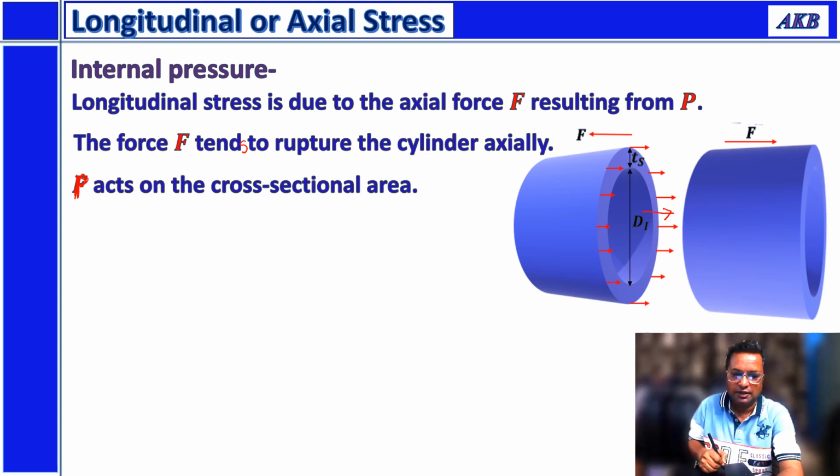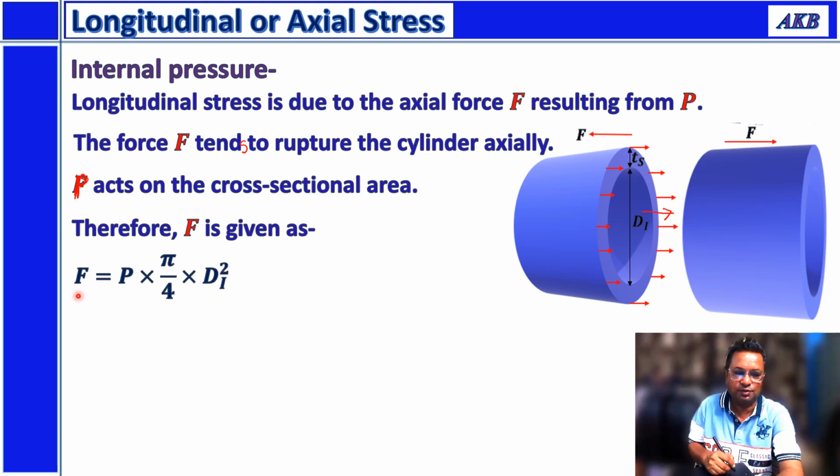That's why I'm saying pressure P acts on the cross-sectional area. Therefore, the axial force that is responsible for rupture will be given by this equation. So force will be pressure into area on which the pressure is acting, so P into pi by 4 into di square.